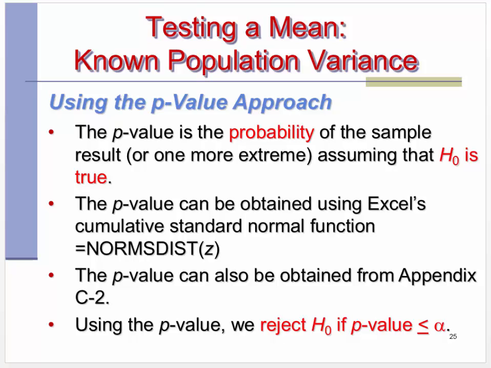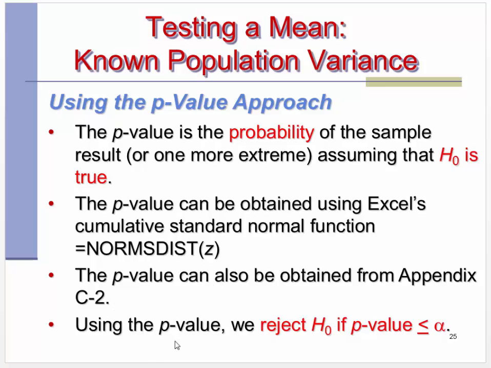That's the probability of the sample result assuming that H0 is true. The p-value can be obtained using Excel's cumulative standard normal function, NORM.DIST. If you have a z-score, you put it into NORM.DIST and you get the p-value. The p-value can also be obtained from Appendix C2 of your book.